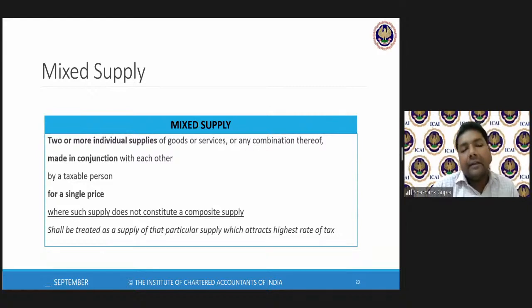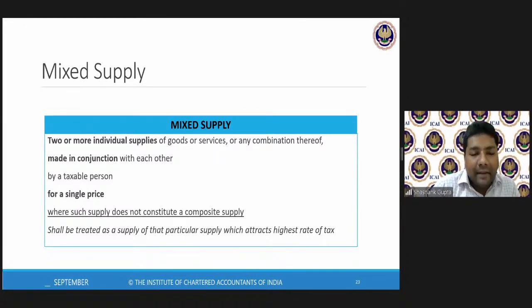I'll repeat myself. Any combination of supplies, it could be goods and goods, goods and services, or services and services, which are not a composite supply but are being supplied for a single price, then such a combination is going to be a mixed supply.